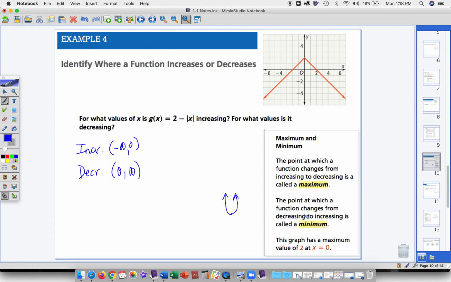Where it changes from decreasing to increasing, this point is called a minimum. If it's a parabola, it's also called the vertex. The graph that we were looking at has a maximum value of 2 at x equal to 1. That's this point right here.